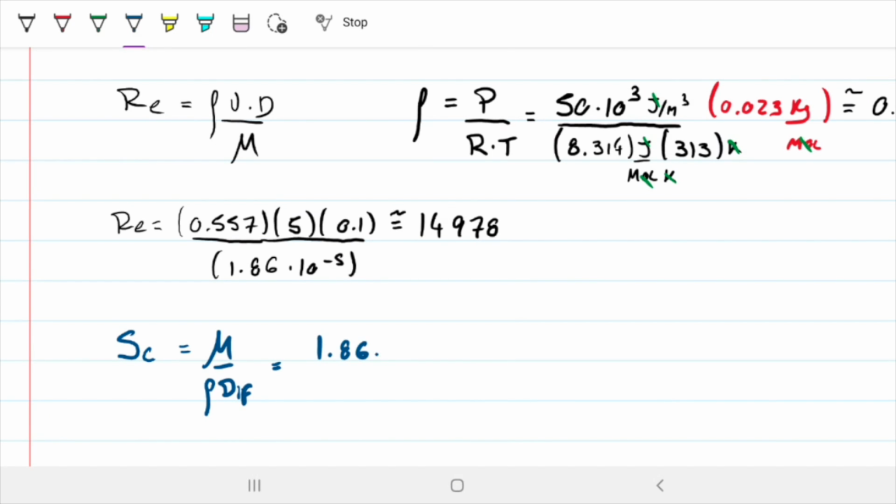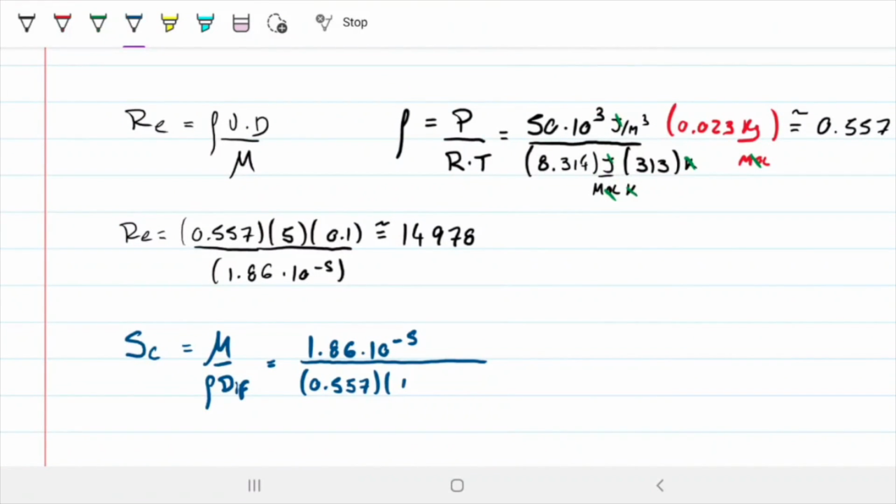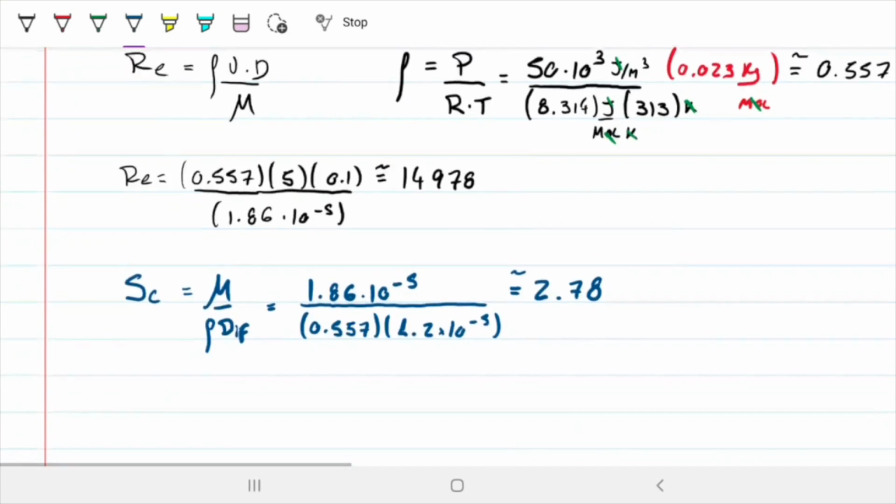The viscosity is 1.86 times 10 to the minus 5, the density we just got to be 0.557, and the coefficient is over here, 1.2 times 10 to the minus 5. That results in 2.78 something. Let's leave it like that. With this we can find Sherwood.